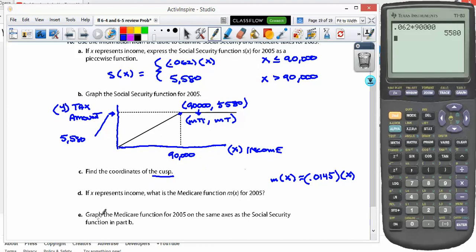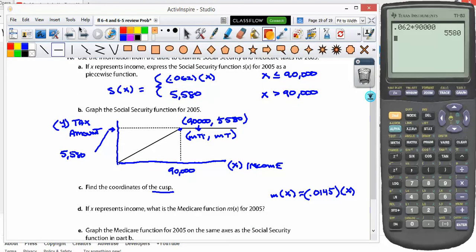And if we had to graph the same function on the same axis as Social Security, that is basically going to be a line with a shallower slope. 1.45% is not as steep as 6.2%. So that would be extending out this direction.